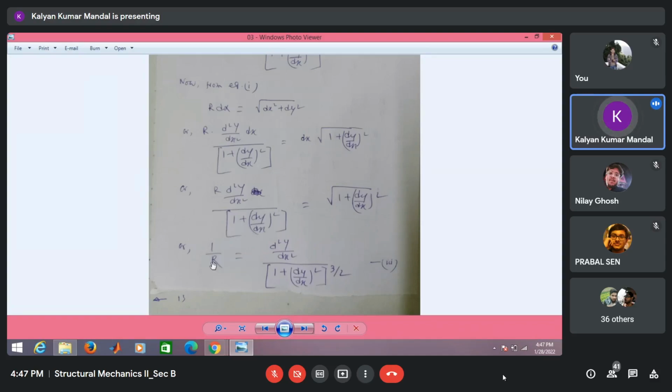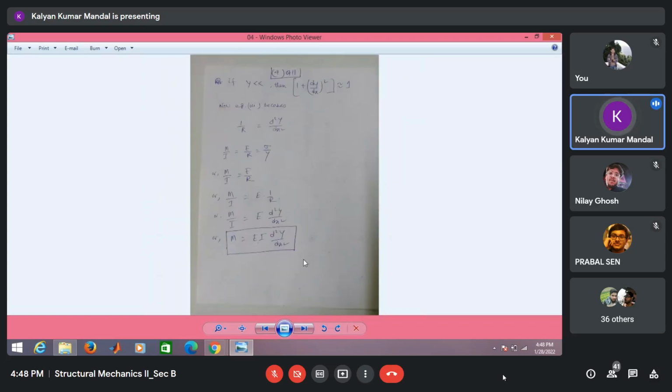Now here we have an expression for the curvature, that is 1 by r is equal to d2y/dx2 divided by 1 plus (dy/dx) square whole to the power 3 by 2. Now in this expression we do some approximation by making an assumption.